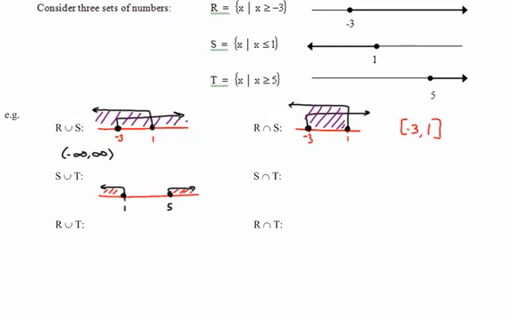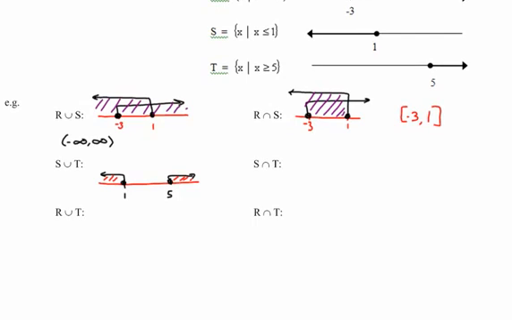When we want to be all inclusive in a union, we want both our available solutions, so we write them separately. For S it was -infinity to +1, and then we write the union symbol, or 5 to infinity. Okay, so that would be our solution, because it's this or that in a union.